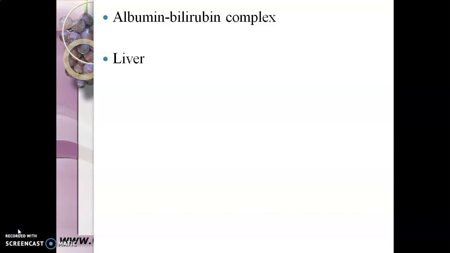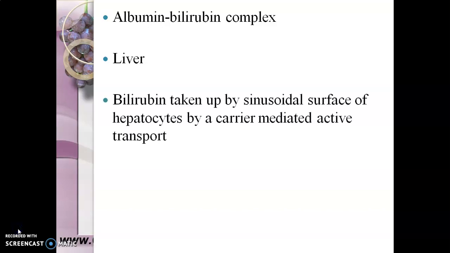Here the bilirubin is taken up by the sinusoidal surface of hepatocytes by a carrier mediated active transport, a ligandin transport. To brief you about what happens to the bilirubin taken up in the liver: the bilirubin-albumin complex reaches the liver, wherein it is taken up by the sinusoidal surface of hepatocytes by carrier mediated active transport of ligandin.